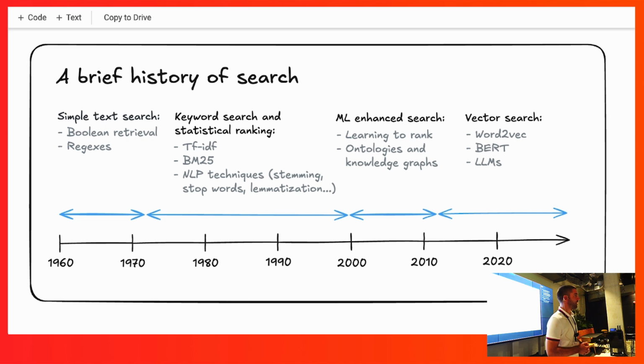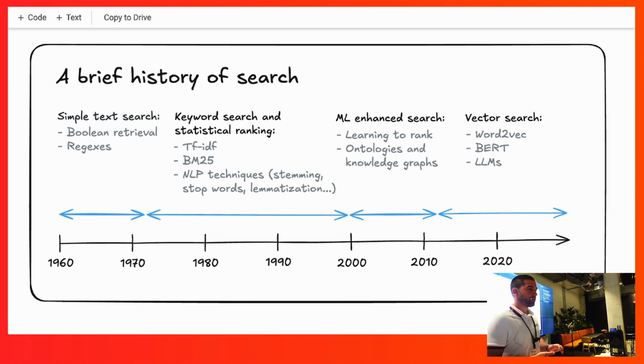Those words don't bring any meaning or contextual importance. Also, we have stemming and lemmatization, where we are reducing words and tokens to their base and roots, and that way we can more easily match tokens with the document corpus. On the statistical ranking side, we have algorithms like TF-IDF and BM25, but we'll go deeper into those algorithms later.